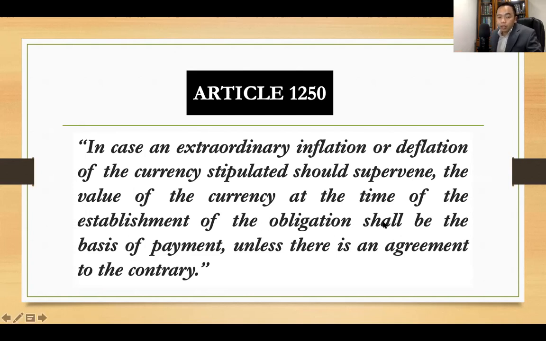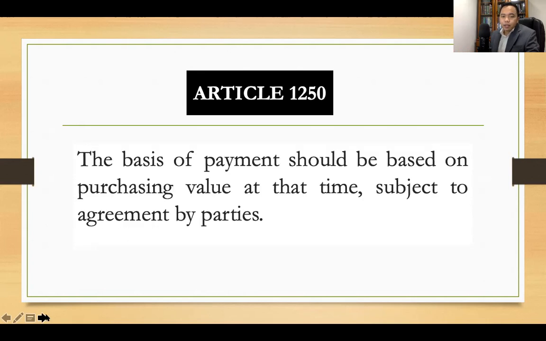So in other words, class, for example, if the obligation was constituted 5 years ago, and after 5 years there was a sudden or extraordinary inflation, where prices would shoot up, then the value of the currency must be that at the time of the establishment of the obligation. Okay.